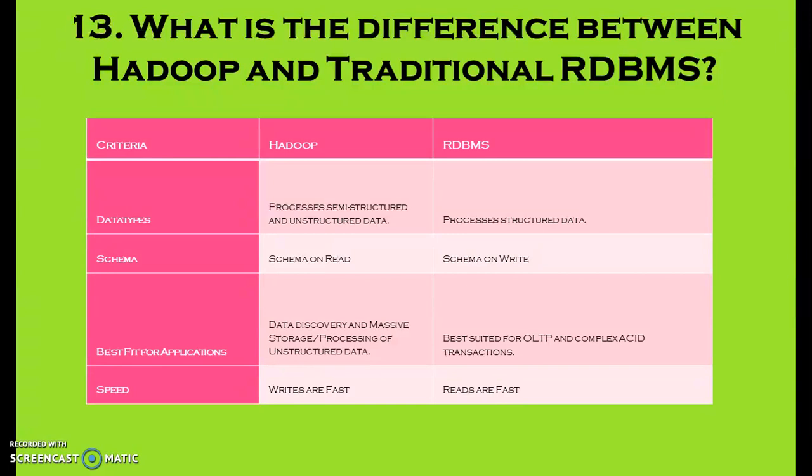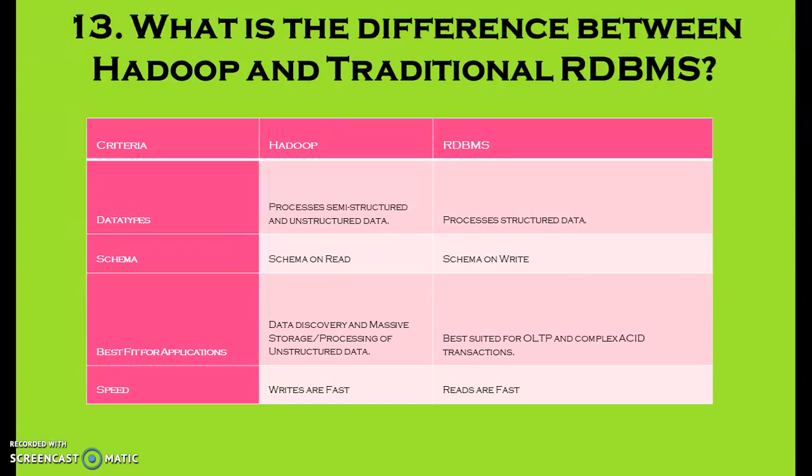And what is the difference between Hadoop and traditional RDBMS? This is very important for us to know. When it comes to data types, Hadoop processes semi-structured and unstructured data. An RDBMS system is capable of storing and processing only structured data. Schema, we have schema on read in Hadoop, and in RDBMS we have schema on write.